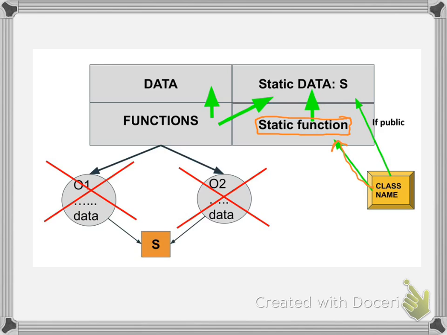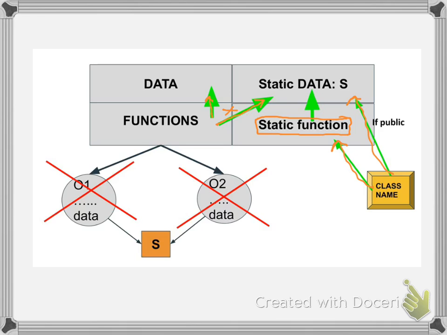So with your class name you can access static functions, and with your class name you can access static data. And then let's see what's happening here. Normal functions can access normal data and can access your static data also. That we have seen, although we should avoid such things. We should not have our normal functions accessing static data and stuff like that.